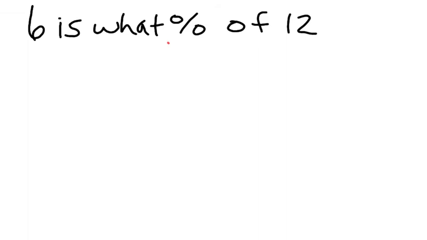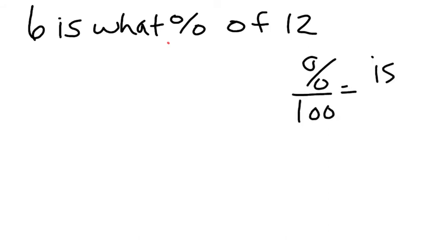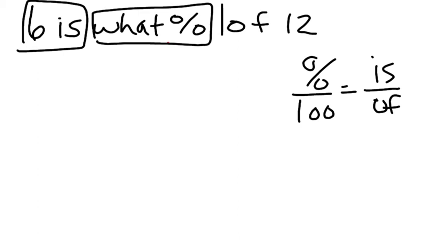Okay, here's a different kind of problem, but it works the same way. Remember the formula. Percent over 100 equals is over of. Here's my is, here's my percent, here's my of. So, percent is what I'm looking for because there's no number with it.